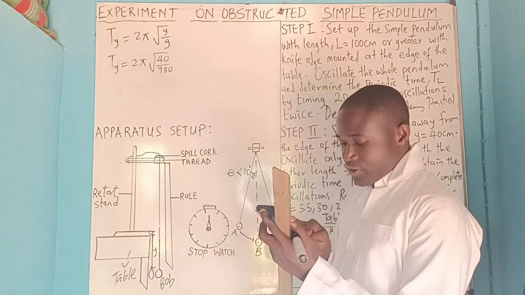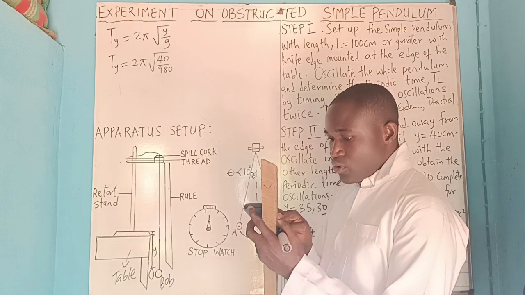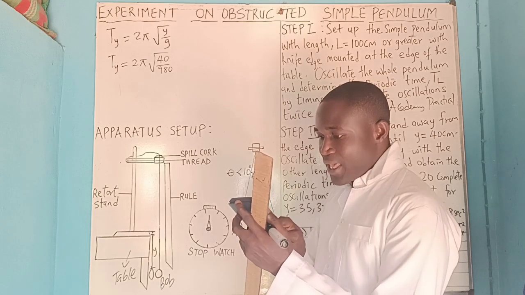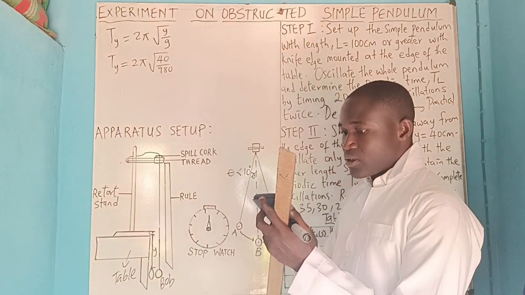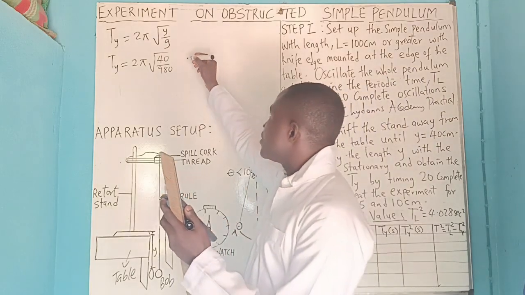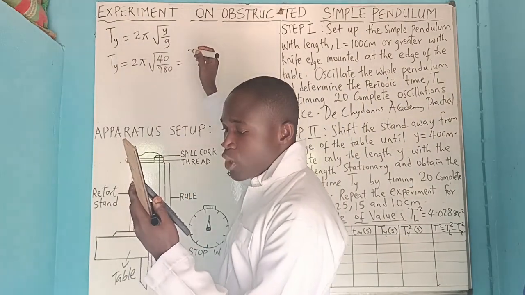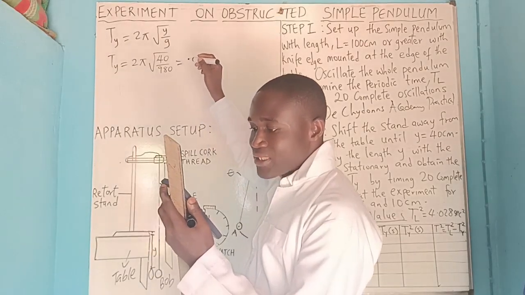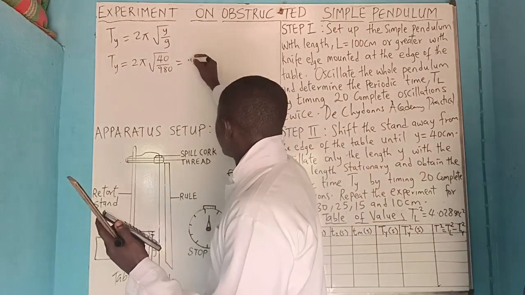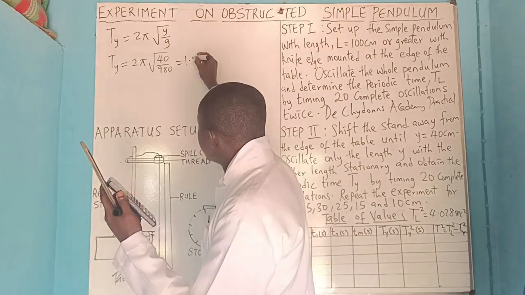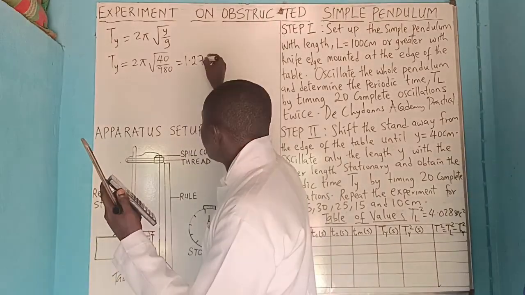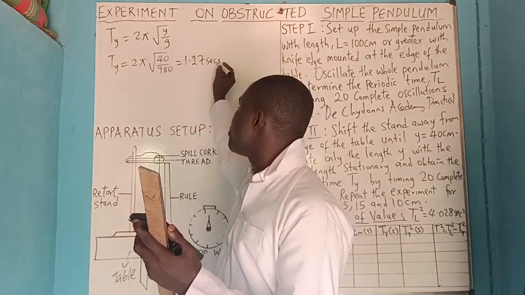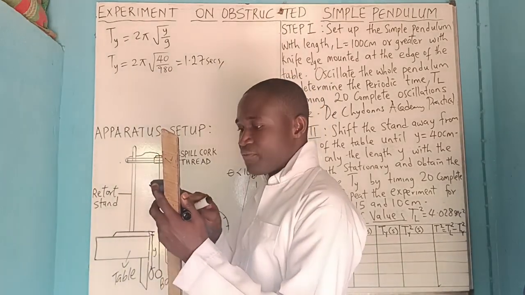2 shift pi root bracket 40 divided by 980. We'll be having it to be equal to 1.2693. We have it to be 1.27 seconds. Yes, you change here to be what? 35.